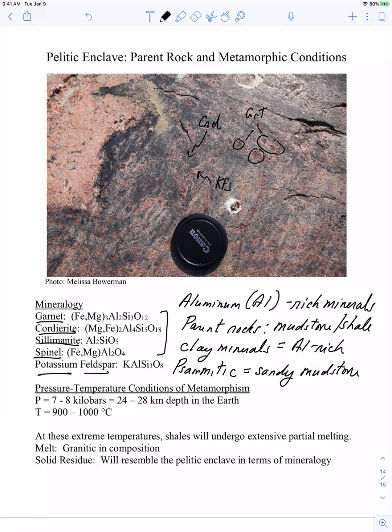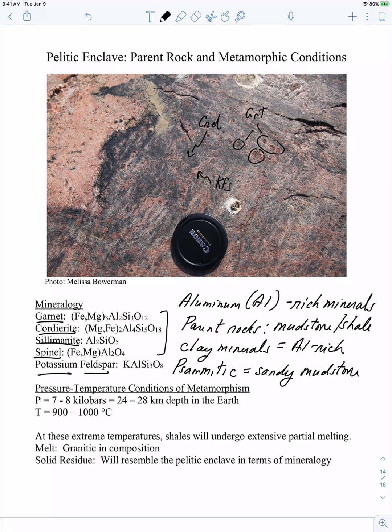The rocks will undergo a process known as partial melting. That is, when you melt rocks, they don't all go molten at a single temperature. Rather, part of the rock goes molten, while the rest of the rock remains solid. The melt that's produced in that process will have a roughly granitic composition. That is, when that melt crystallizes, it will crystallize to form a granite.